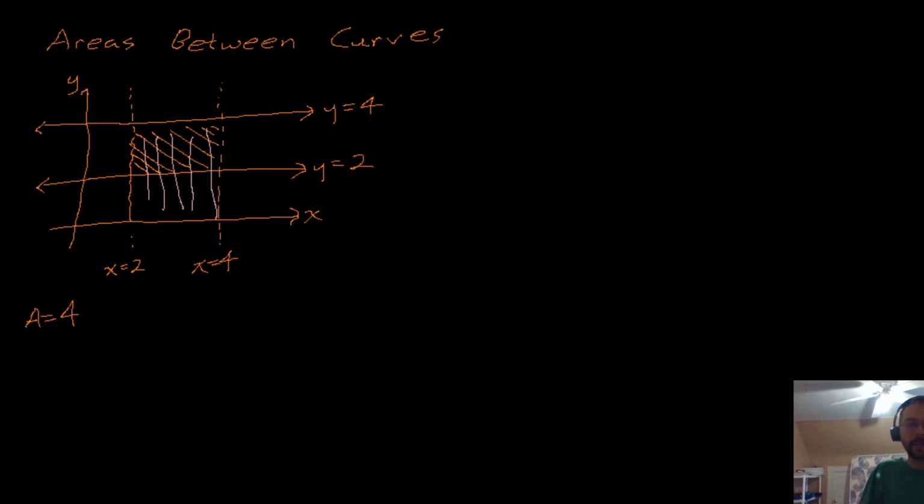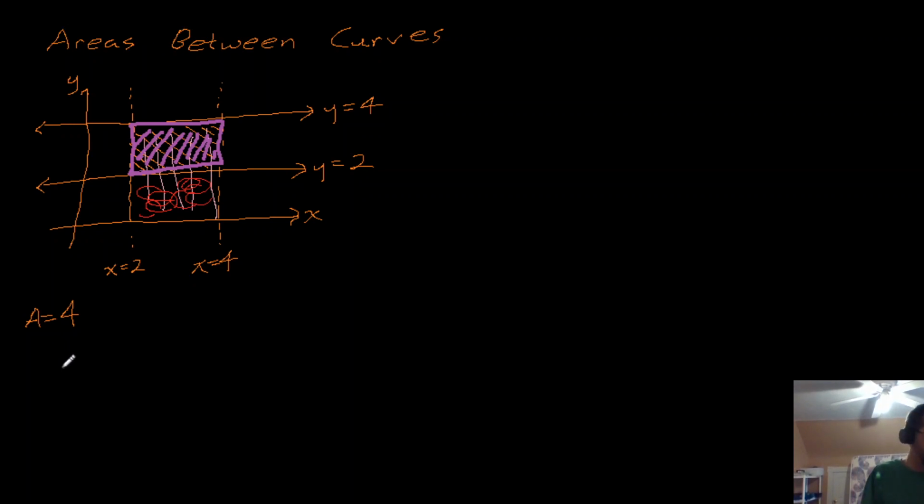Then we can see visually that if we subtract away from that the area underneath it, underneath y equals 2, this area down here, what that will leave us with is the area inside here that we want. So that is the technique used to find the area between two curves.